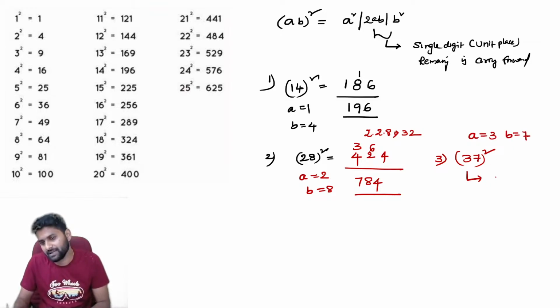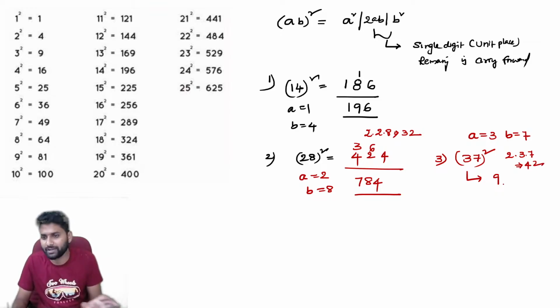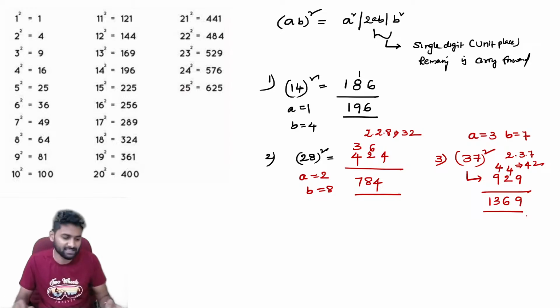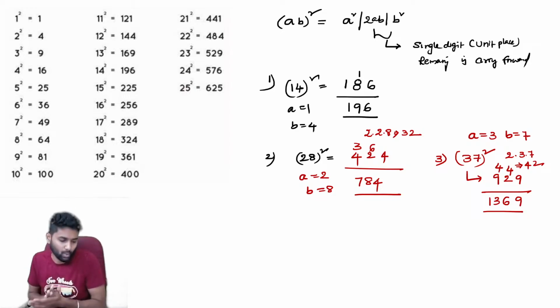Here 3 square is 9. 2ab, 2 into 3 into 7. 7 3s are 21, 21 2s are 42. 42 means write down 2, so here 4 is a carry over. 7 square is 49. 9, 4. Finally here 9, 6, 13. So 37 square is exactly equal to 1369.